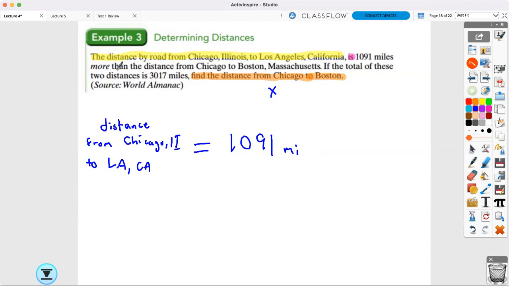Can someone tell me what operation is more than? It's plus. It's more than the what? The distance from Chicago to Boston.